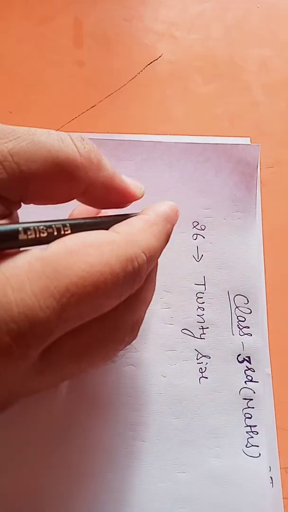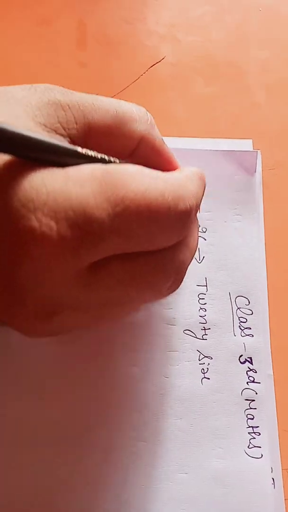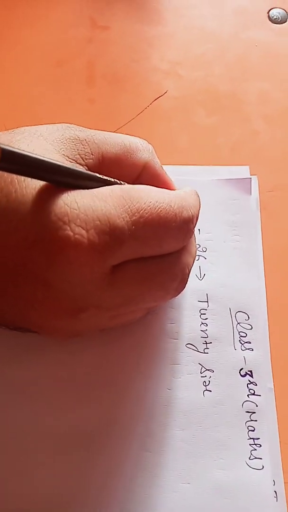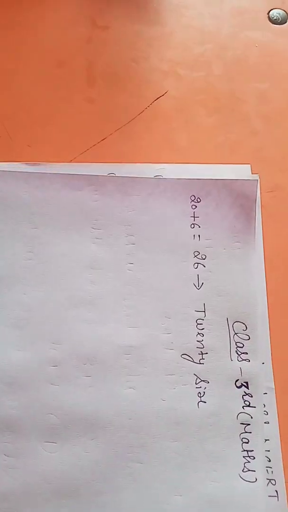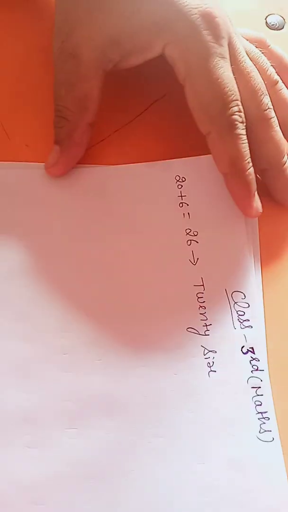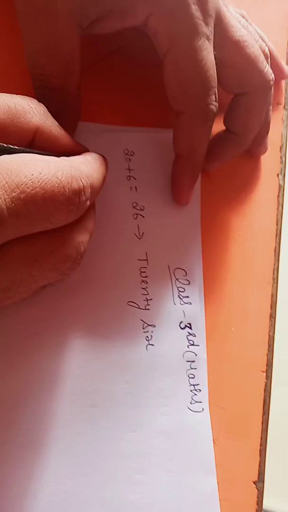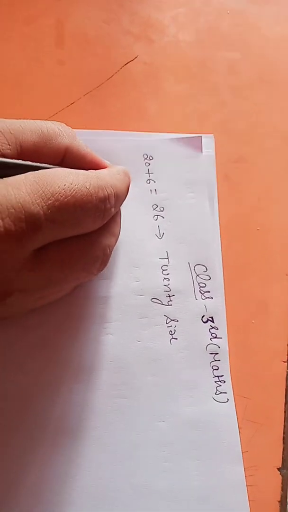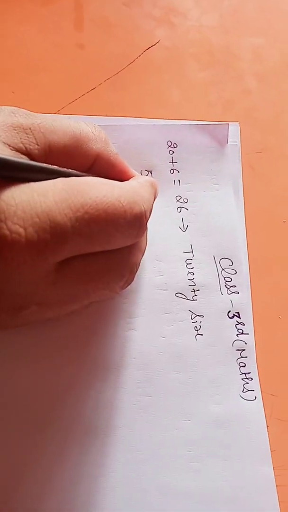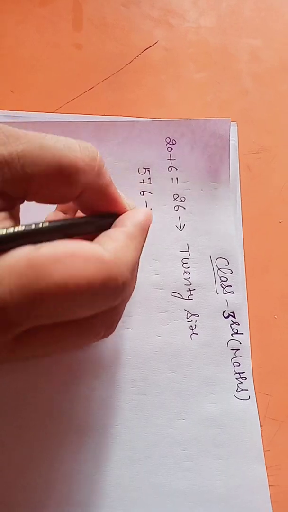Yes or no? Otherwise you can do it like this. You can write 20 plus 6, 26. Next is given, what's given? 576. So how can you write?